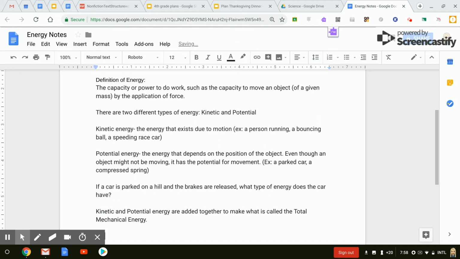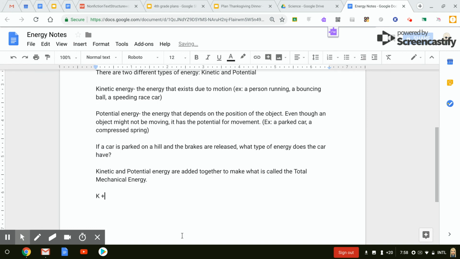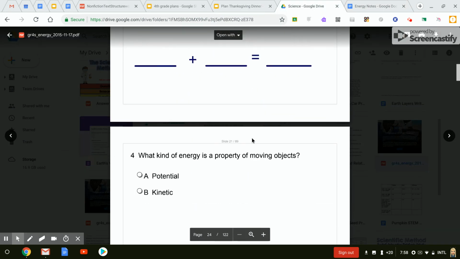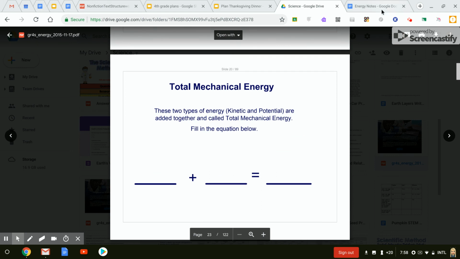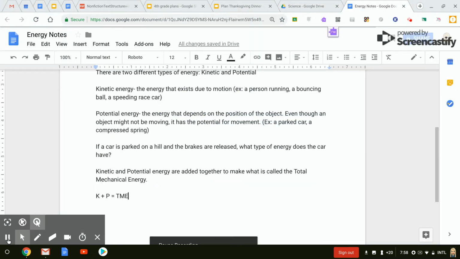So kinetic plus potential equals total mechanical energy. And once you've got that written down, that is all we're going to do for today. Nice job.